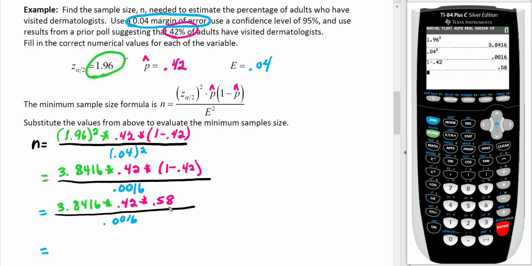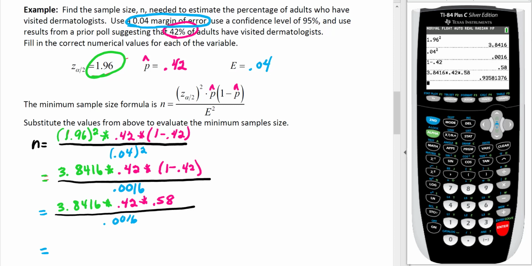So we have multiplication left in the numerator. So let's go ahead and multiply all those at the one time here. Take 3.8416 times 0.42 times 0.58. Hit enter, and we'll write that answer down.